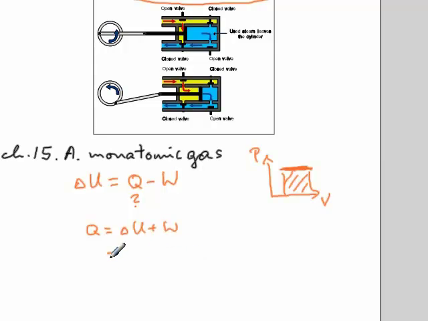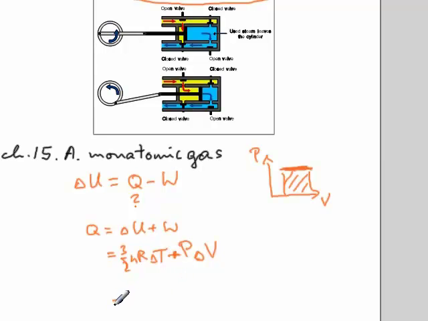The work, as we see in the chapter, is given as P times delta V, so pressure times the change in volume, and the change in internal energy is given, from the previous chapter, as 3/2 nR delta T, and then there's that plus in between.